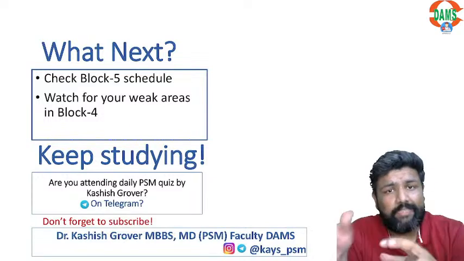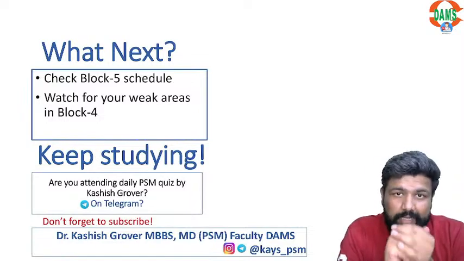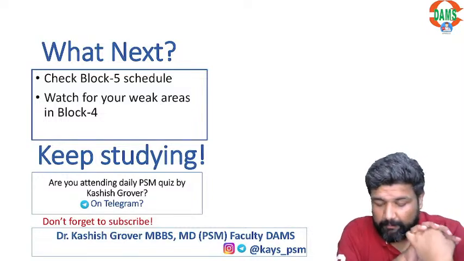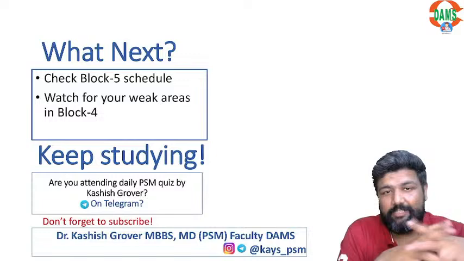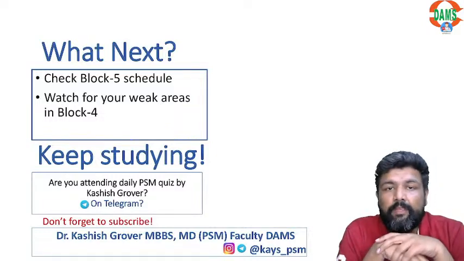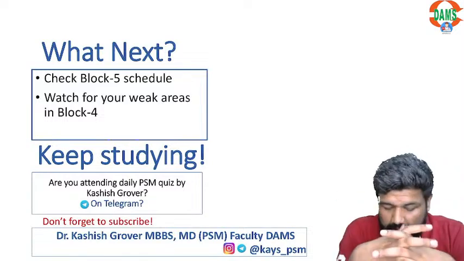And block 6 is about biostats, epidemiology and screening, all the topics which are painful for medical students. That's why I have kept that in the last, so that we can have a revision before the exam to have maximum benefit, right?